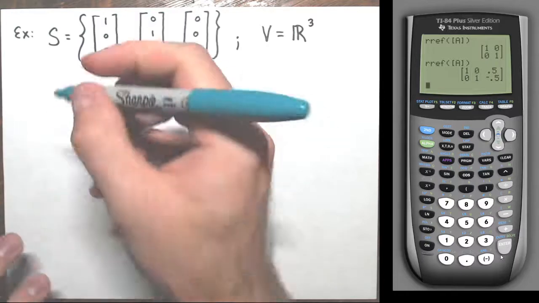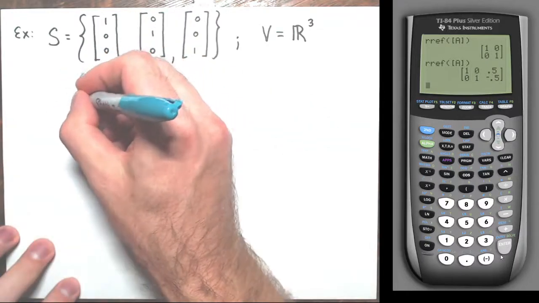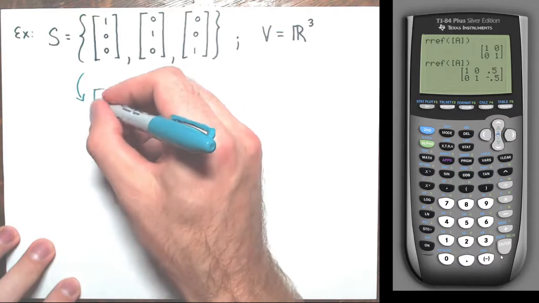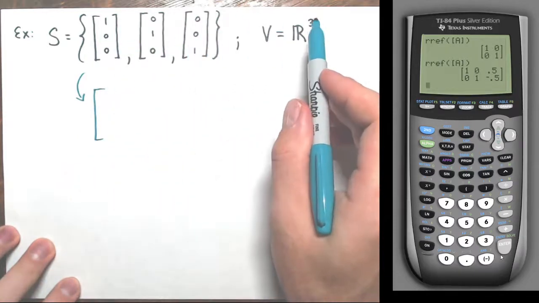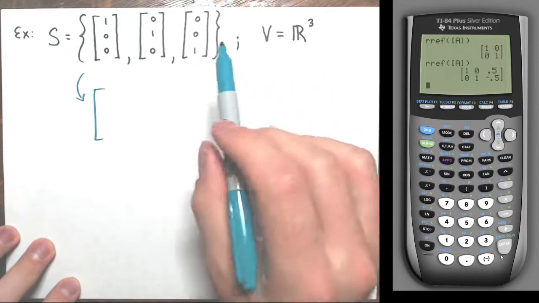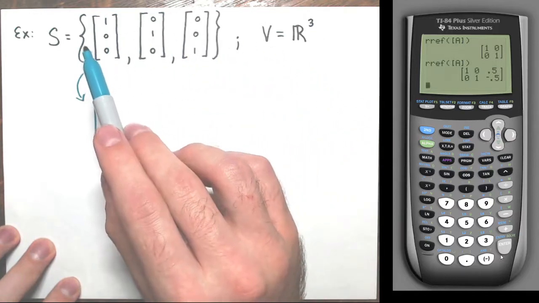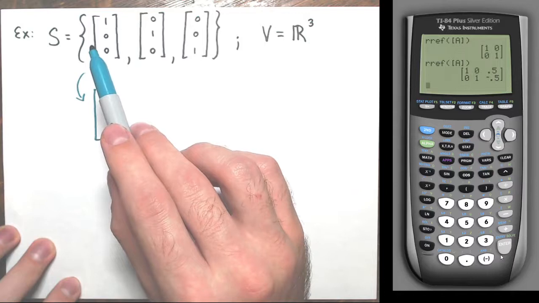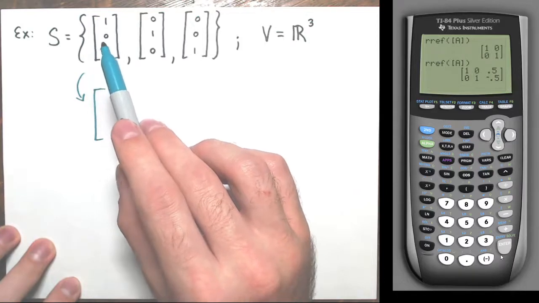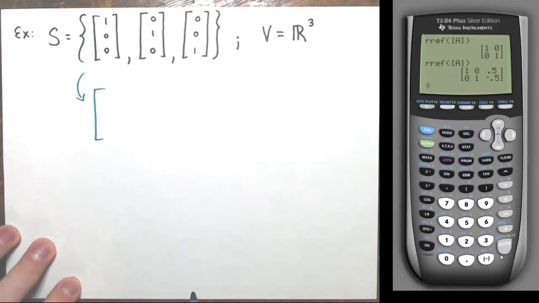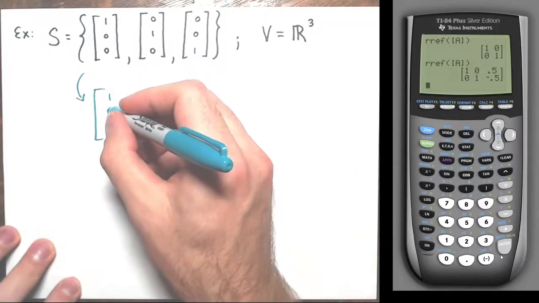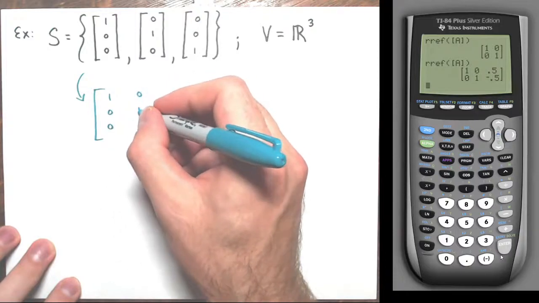Okay, but I'll do the same. The coefficient matrix, if I were to take a linear combination of these, set it equal to any vector from R3, maybe V1, V2, V3, and then I test to check for spanning. And if I was testing for independence, I'd take a linear combination of these vectors, set it equal to the 0 vector, 0, 0, 0. In either case, the coefficient matrix would be this, 1, 0, 0, 0, 1, 0, 0, 0, 1.